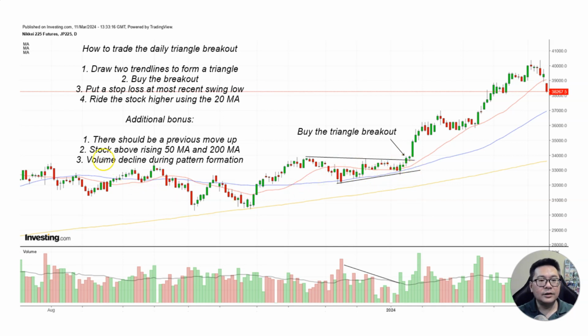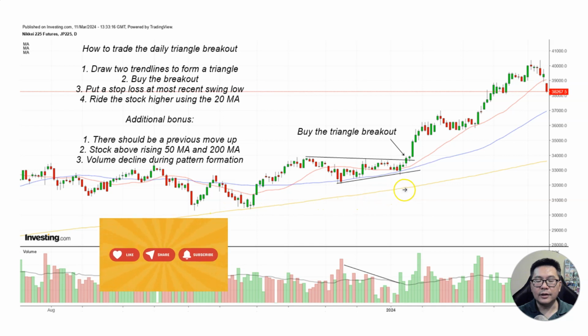Now the second additional bonus is the stock should be above the rising 50 MA and 200 MA. So here, as the triangle forms, the 50 MA was already rising, and the 200 MA is this yellow line, which is already rising.